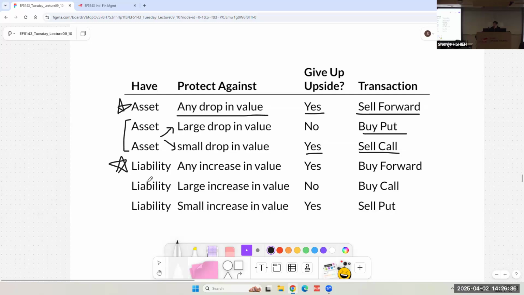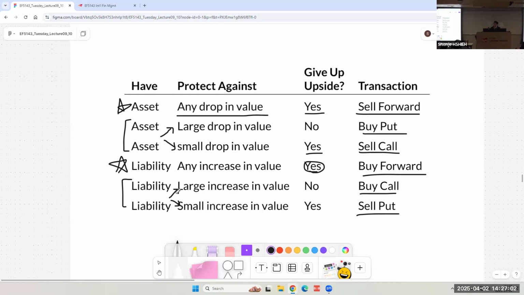Same thing for liability. If you have a liability, you want to prevent large increases in your liability value, and you can engage in a long forward to eliminate exposure, but you have to give up the upside. Whereas for options, you have two choices. You can think about protecting against large or small increases. Small means you should consider selling put.